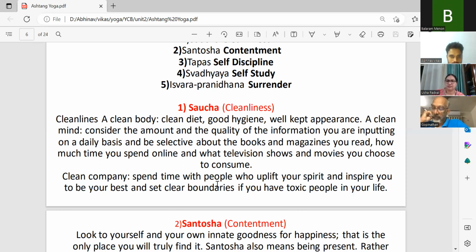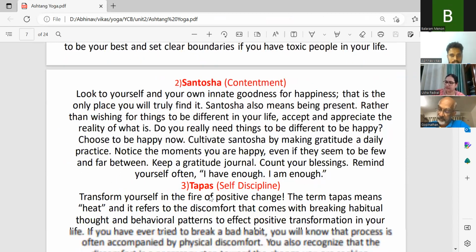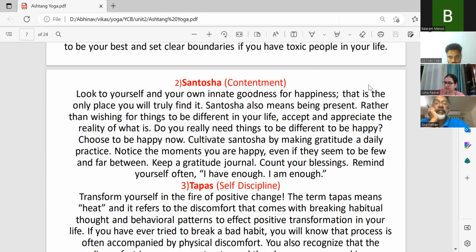Next, Santosha. Santosha, Sanuttama Sukhalabha. Santosha means being happy.